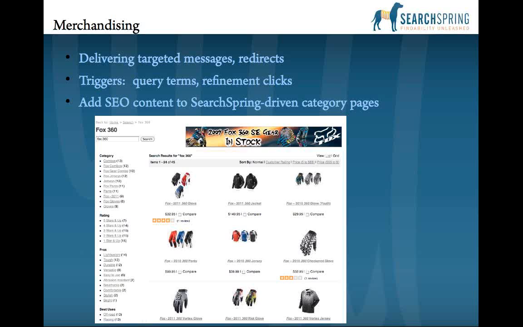The other thing that merchandising can do is hard code the order of results. If someone searches on this brand and you want, hey, here's number 1, number 2, number 3, you have complete control over that in the merchandising module. This all applies to other triggers like refinement clicks. If someone clicks on a particular brand and you want some special behavior to come up, that's what merchandising does.